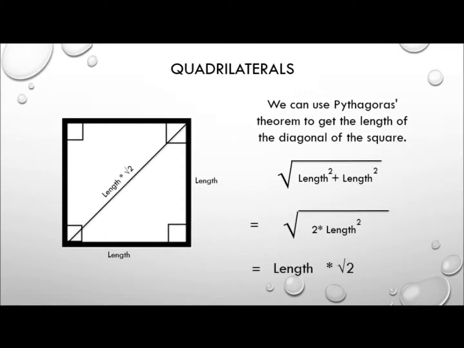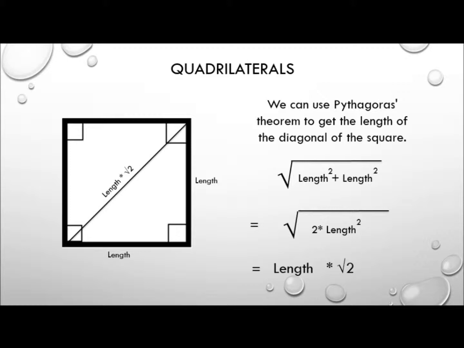We can use Pythagoras' theorem to get the length of the diagonal of a square. You'll recall that Pythagoras' theorem says that the square of the hypotenuse of a right-angled triangle is the sum of the squares of the other 2 sides. So the diagonal of a square is the square root of the length squared plus the length squared.